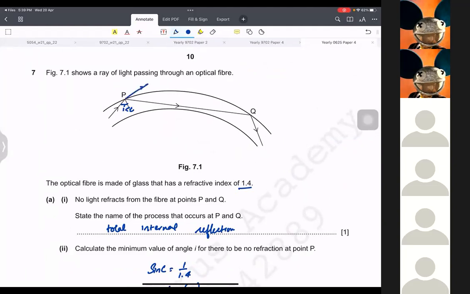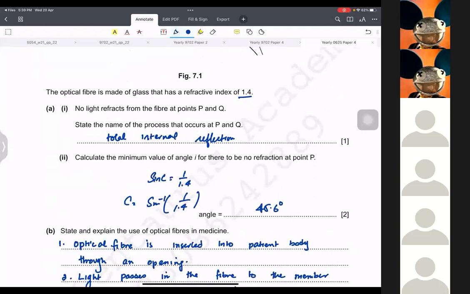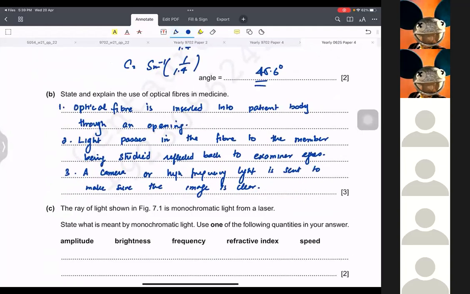Do you understand? And if it is greater than the critical angle, it will be reflected in. So it's asking what is the minimum value for I. If you go below this angle, it will just go out. Don't you think so? Okay, get it. Right.